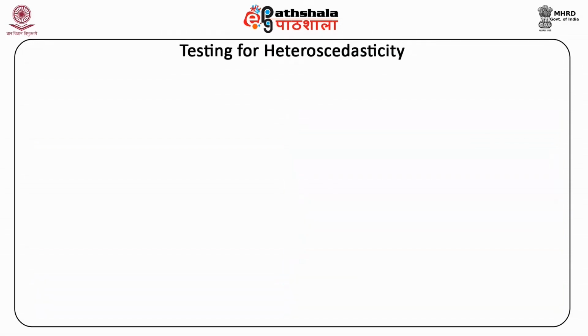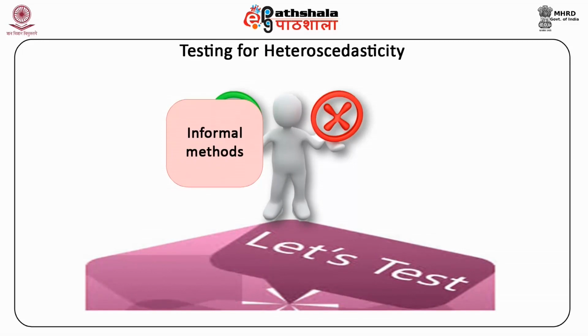So there are two ways in general to check for the presence of heteroscedasticity. The first is the informal way, which is done through graphs, and therefore we call it the graphical method. The second is through the formal tests for the heteroscedasticity problem.